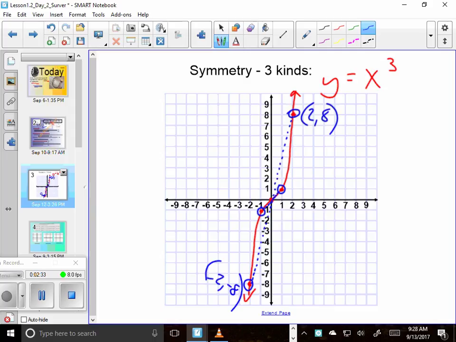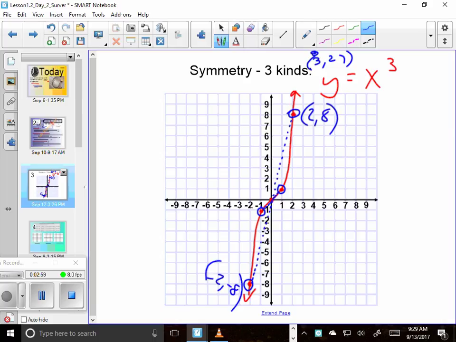So if I plot another point, let's say 3. 3 goes in there and makes 3 to the third, which is 3 times 3 is 9 times 3 is 27. So I put in 3, I get 27. If I graphed way up here on the graph somewhere, it would be 3, 27. Well, if it's odd, it would have to have what point on it? -3 and what? -27.